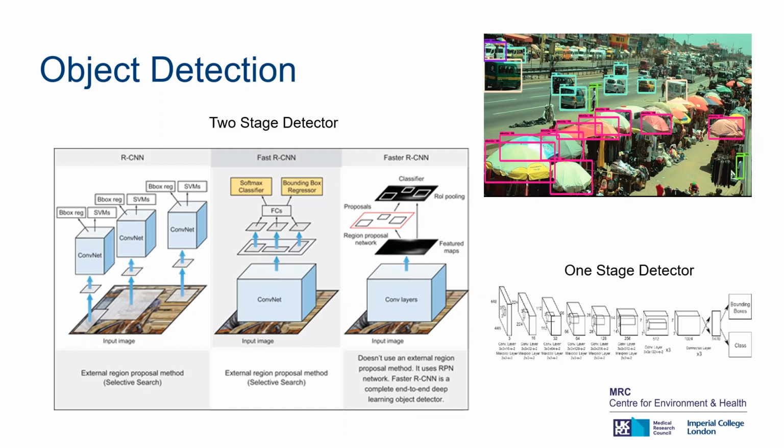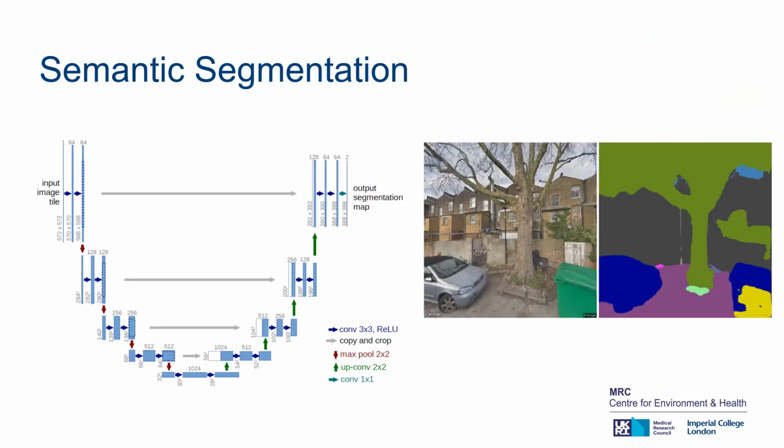The image above is from a separate project from Pathways to Healthy Equitable Cities, and it shows some features that have been extracted such as umbrella, car, truck, bus, and person. Semantic segmentation's goal is to label each pixel based on what class it belongs to. So in this image we can see car, tree, building, or sidewalk.